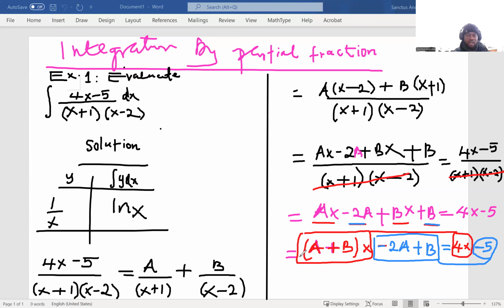So we have that a plus b is equal to 4 by comparison. So by comparison, a plus b is equal to 4. We call this equation 1.